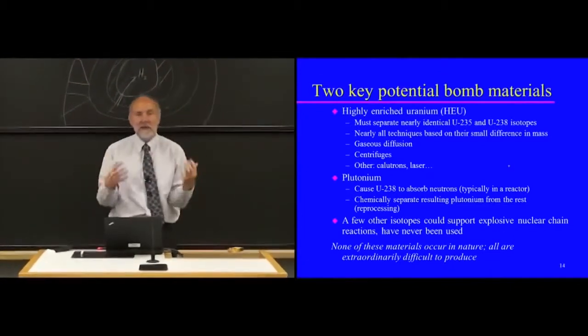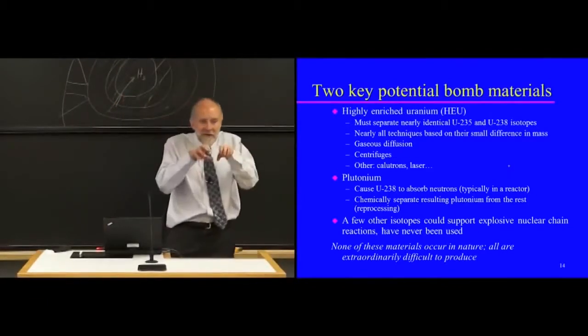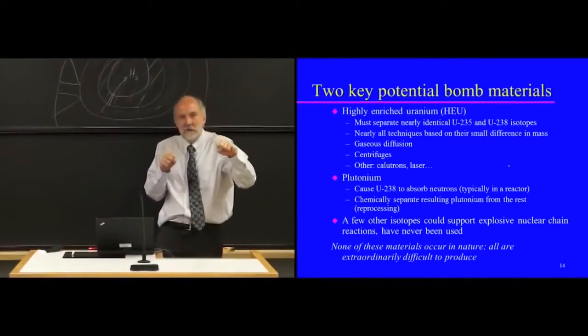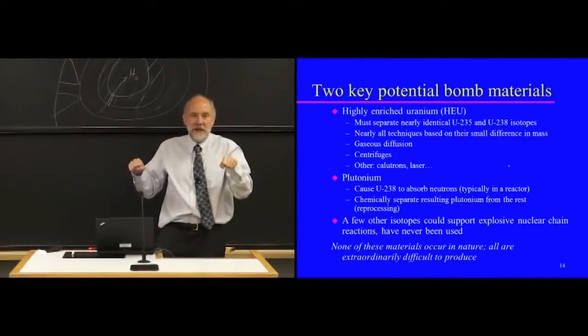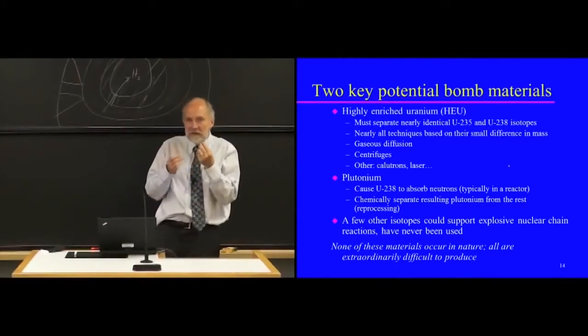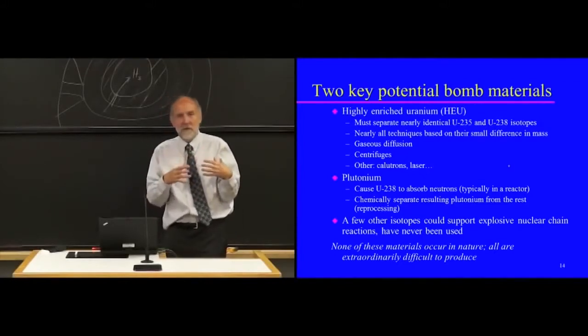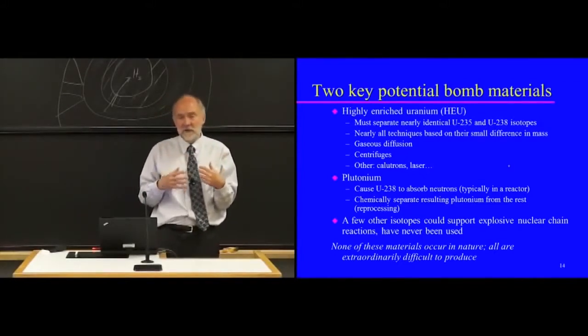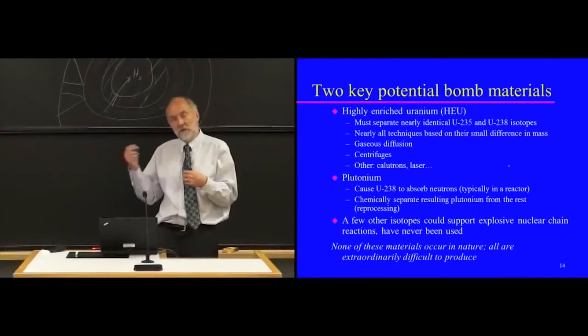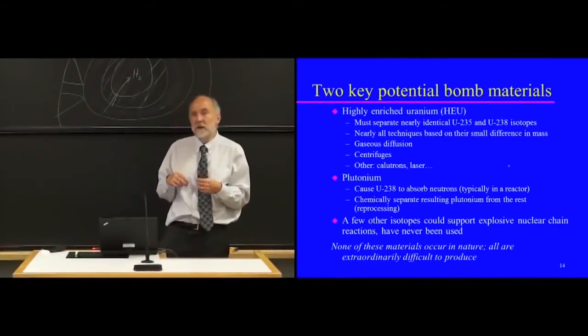And almost all the techniques that people have thought of for how do I get those U-235 atoms separate from the U-238 atoms have to do with the very slight difference in mass. So the mass basically goes as the number of protons and neutrons in the nucleus. So it's 238 rather than 235.